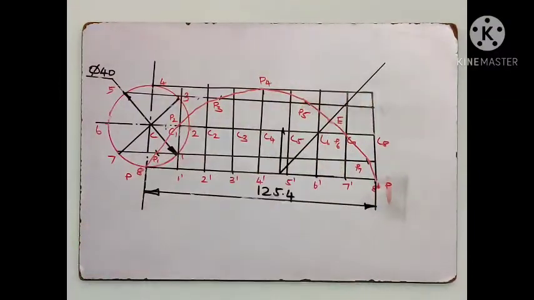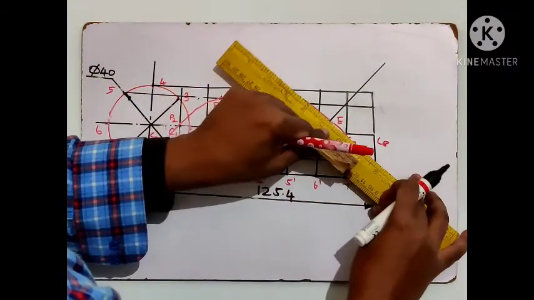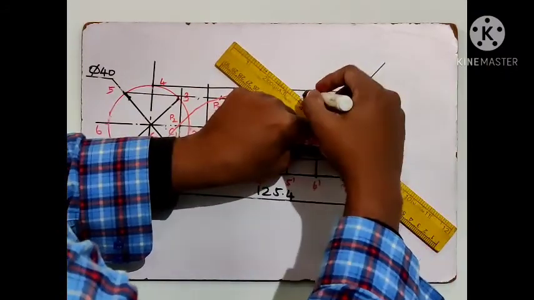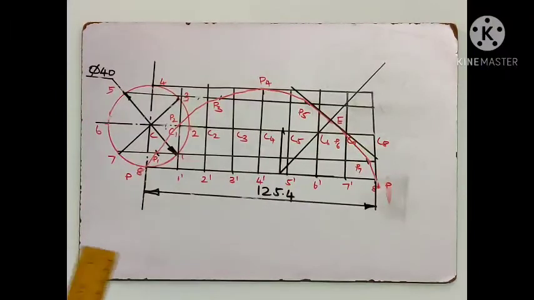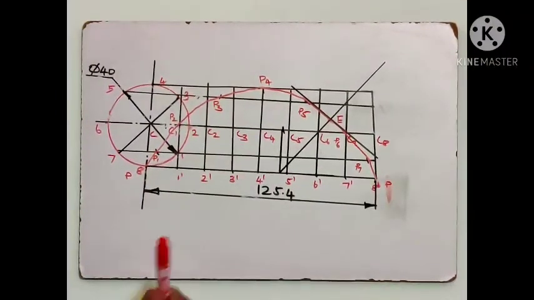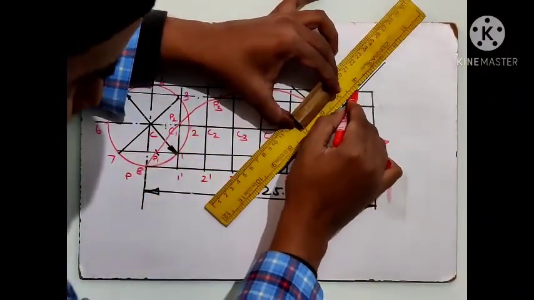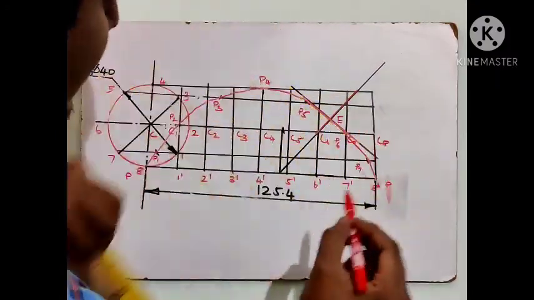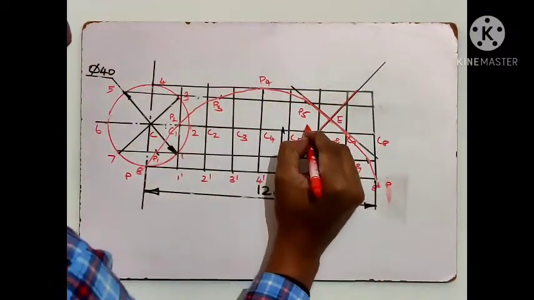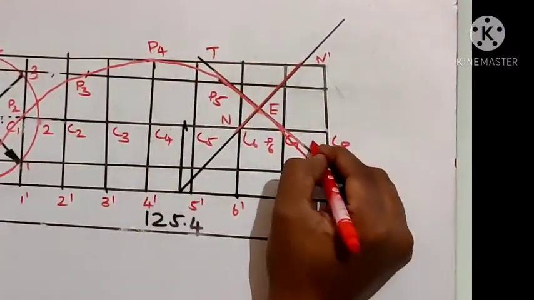That is your normal, and you need to draw a perpendicular to that, so that will be your tangent. The normal and tangent finally you need to draw with an HB pencil for some distance. So something like this, and this will be your N, N dash, and T, T dash.